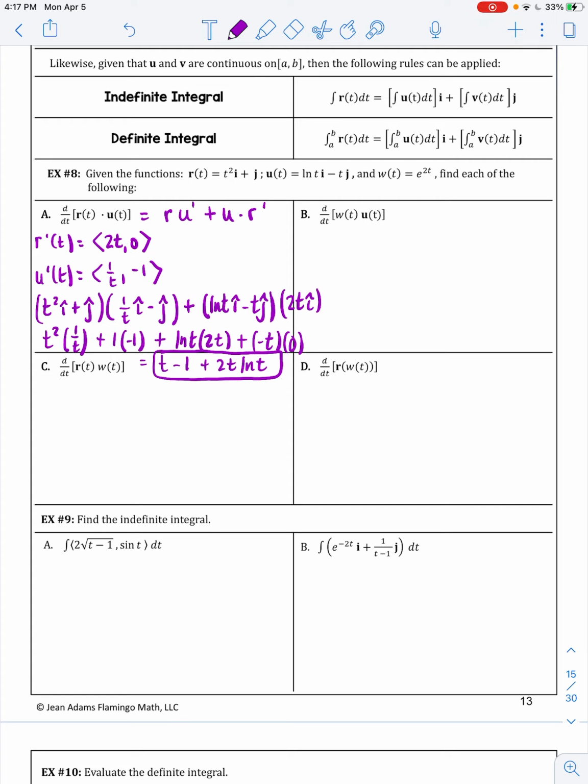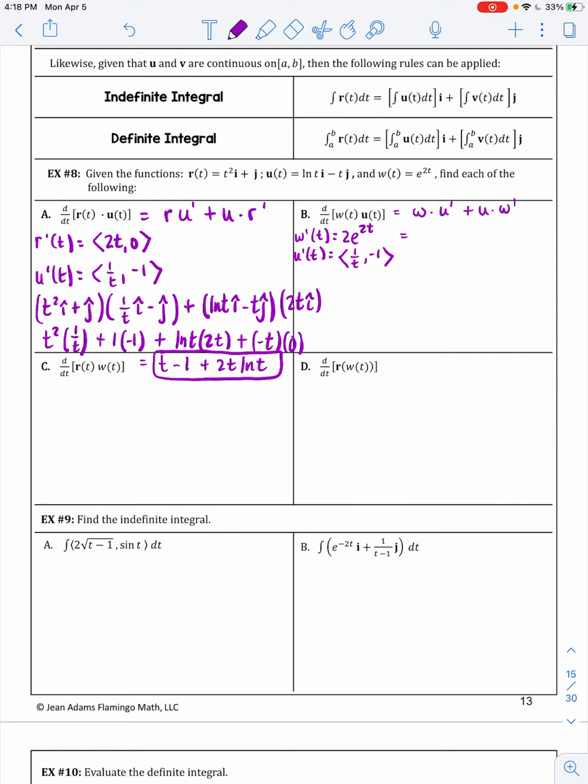And then part B, this is just a function being multiplied by a vector valued function. So we will be using our w times u prime plus u times w prime, with our w prime of t equaling 2e to the 2t, and our u prime of t, I'm just going to write it in vector form of 1 over t comma negative 1 like we did on the first example.